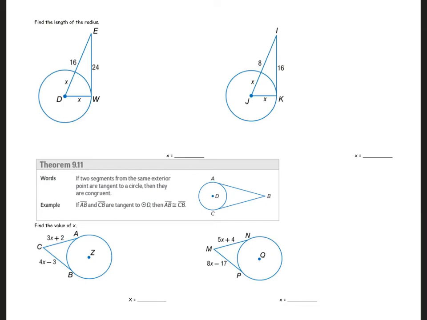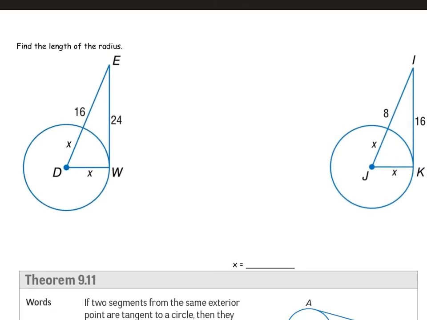So unlike the last problem, they're asking me now to find the length of a radius. So this is going to use some algebra skills. Hopefully you guys could recall some of the algebra skills that you've learned back in Algebra 1. Looking here, I know that my radius is unknown.